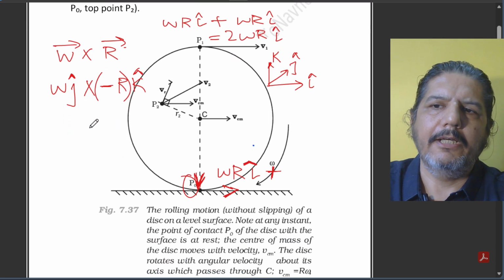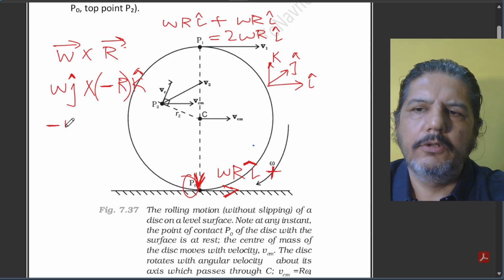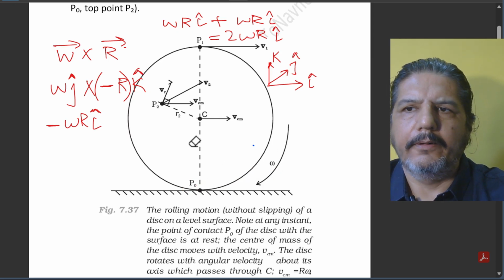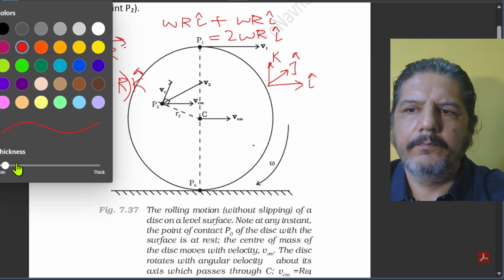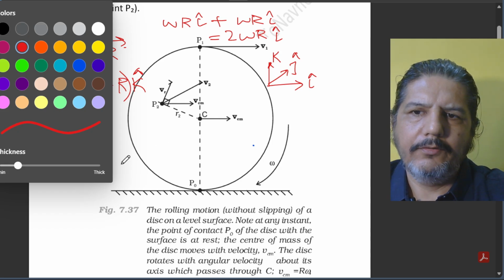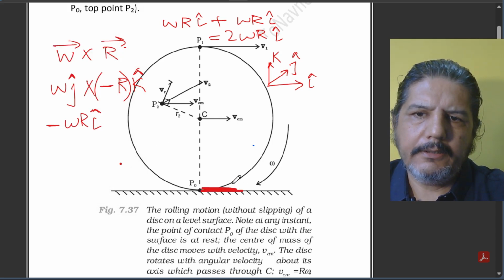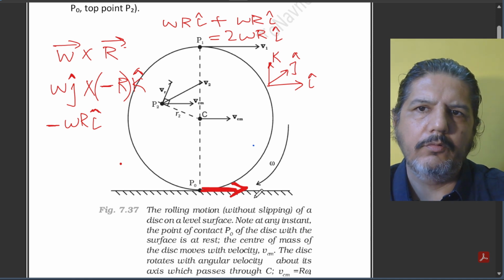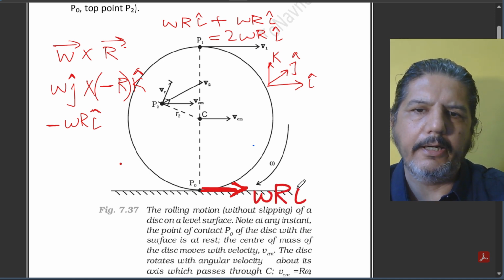So j cross I again is equal to minus omega r I. So if you are with me till here, what you will realize is that the Vcm is the same. It is equal to omega Ri.